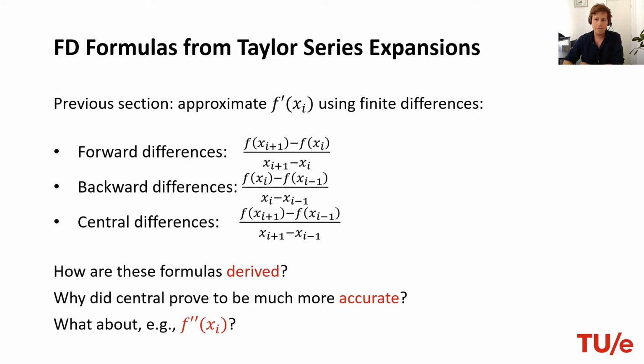And what can we actually say or do about higher order derivatives? So the second derivative or the third or any arbitrary order of derivative. Can we also derive some expressions in order to approximate those things? And that is what I want to try and convey to you within this section.